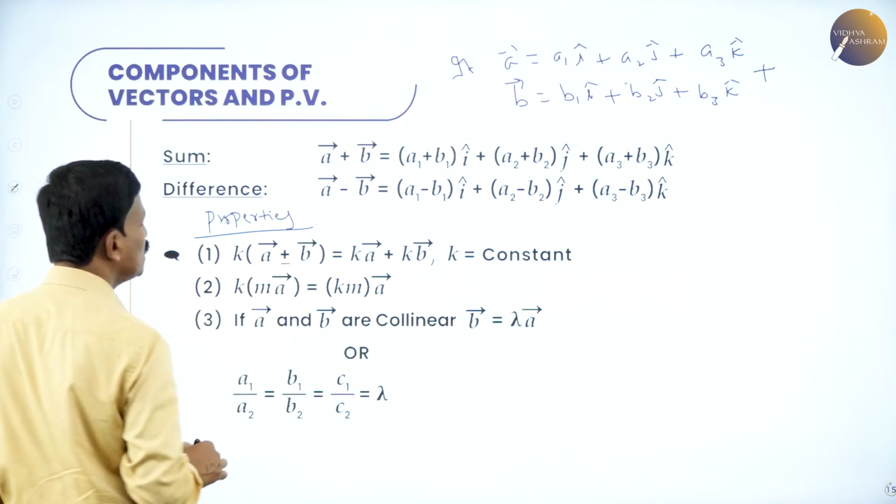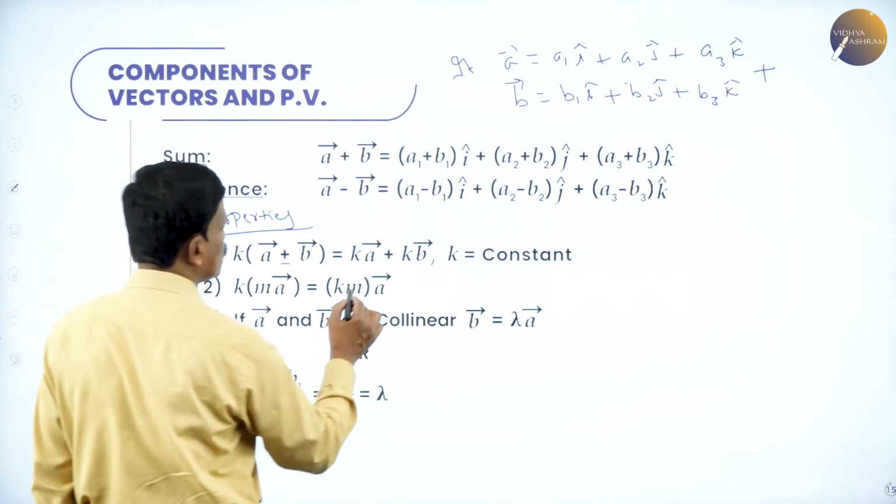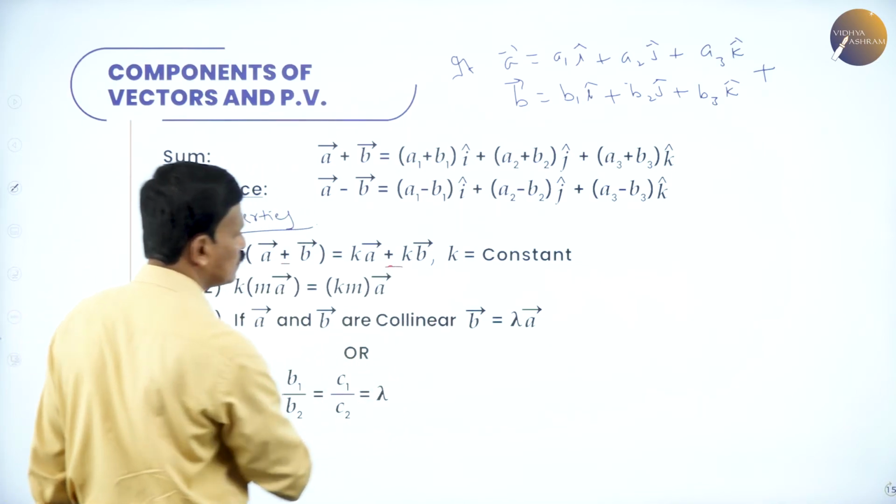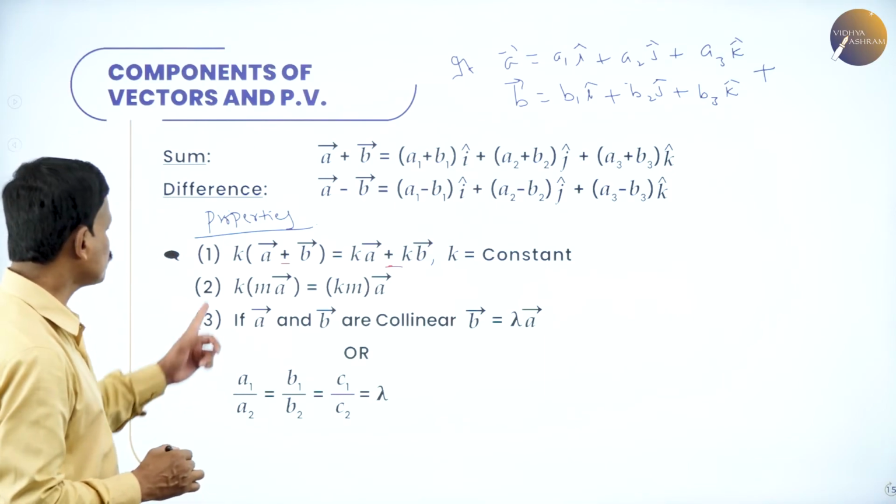K into vector A minus B can also be written as K into vector A minus K into vector B, where K is a constant.